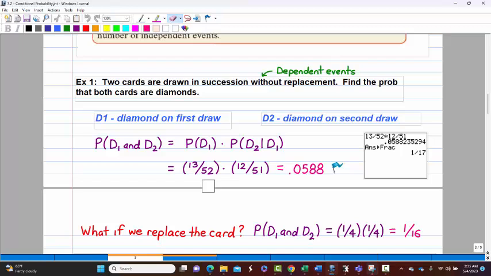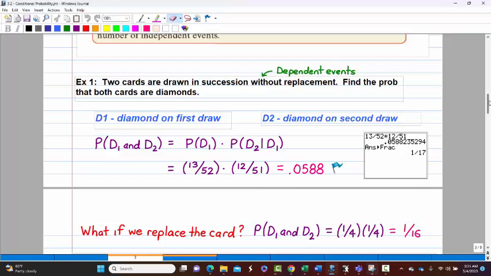Now, your diamond has now come out. So you've lost 1 total card, you're down to 51, but you've also lost a diamond, you're down to 12 diamonds. So that means in the conditional probability, the probability that you drew a diamond on the second one, given that you drew a diamond on the first one, is going to be 12 out of 51 because you're down to 51 cards and you only have 12 diamonds to choose from, so then you would multiply these two together.